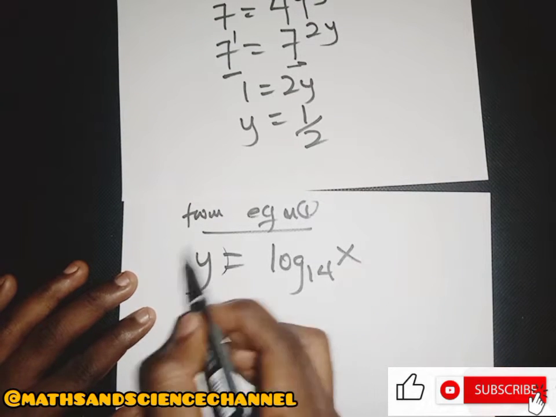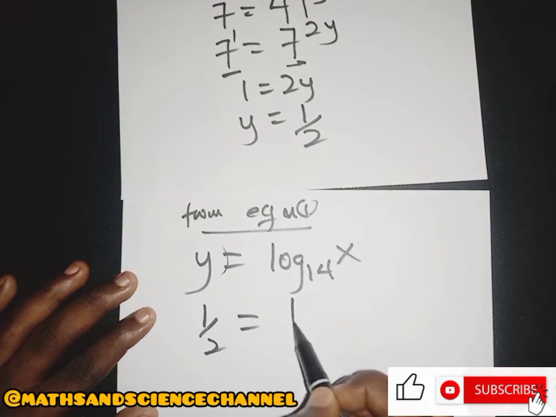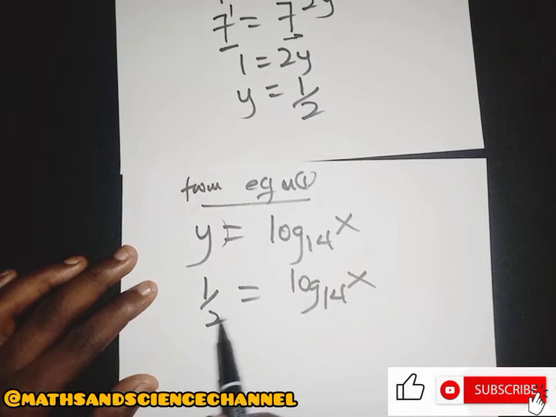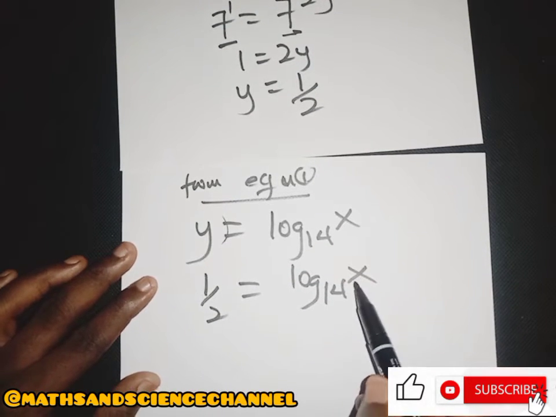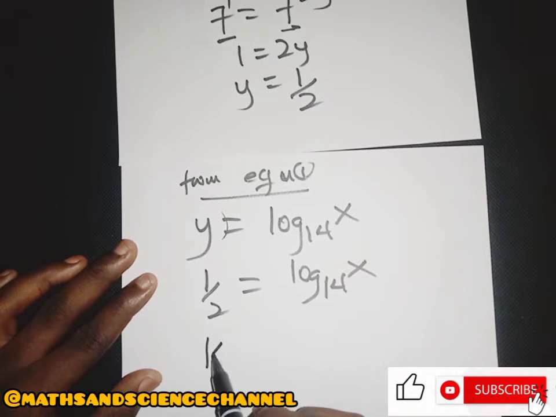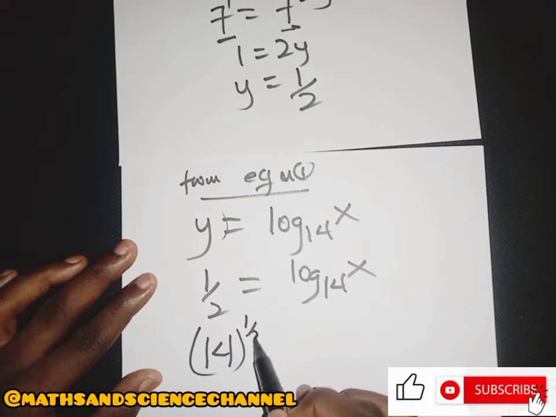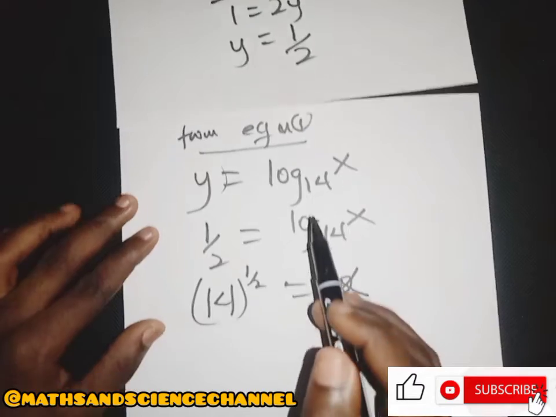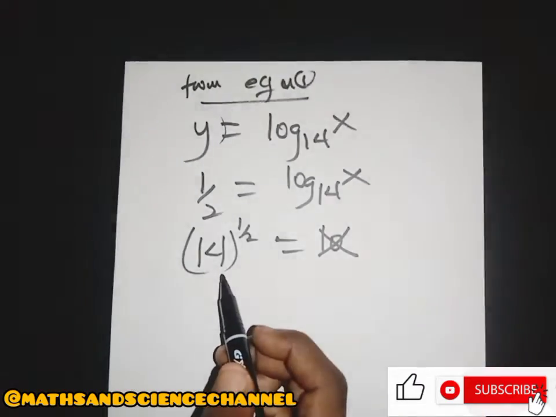So which means that we have 1 over 2 being equal to the log base 14 of x, and therefore solving this, 14 goes to raise the whole of that, right? And then we have being equal to just x here, right?